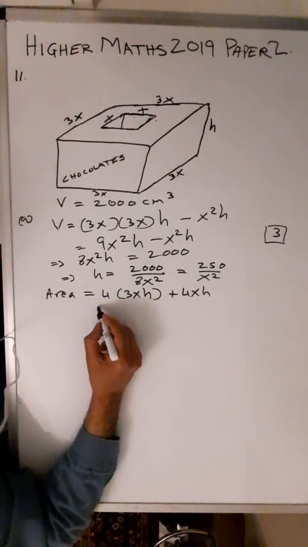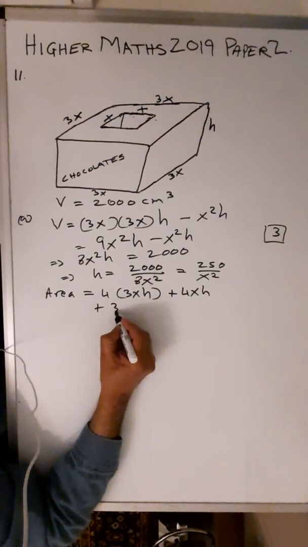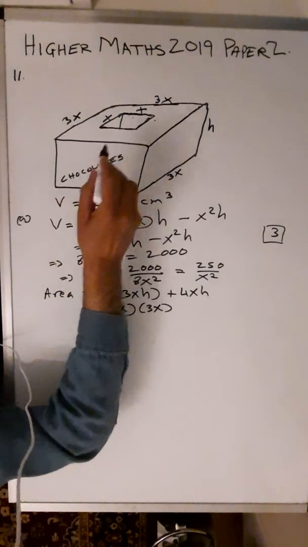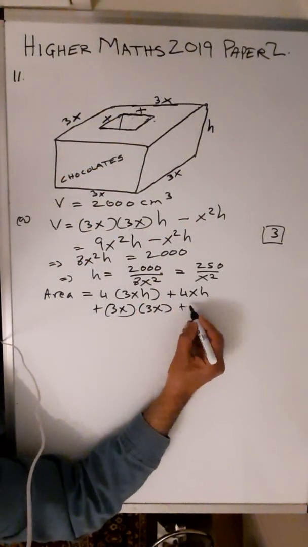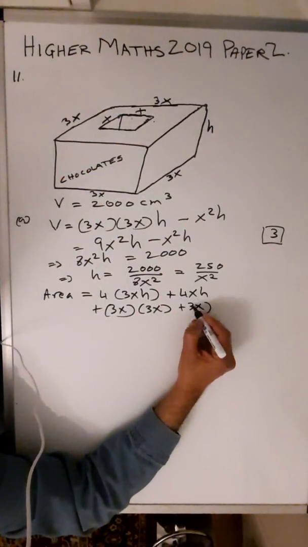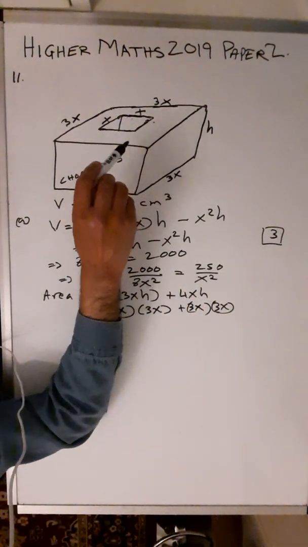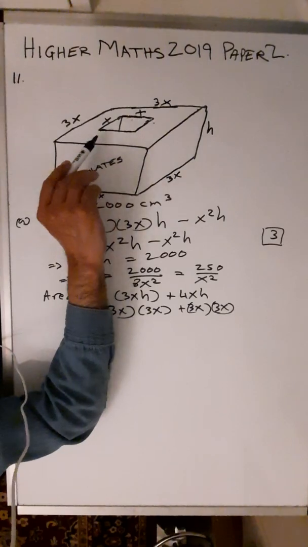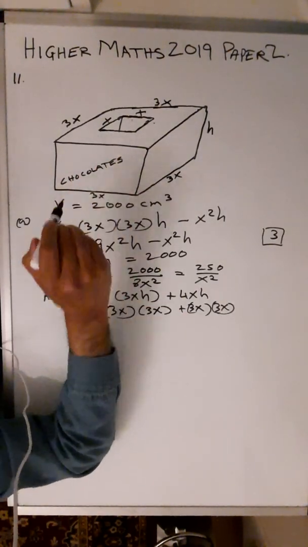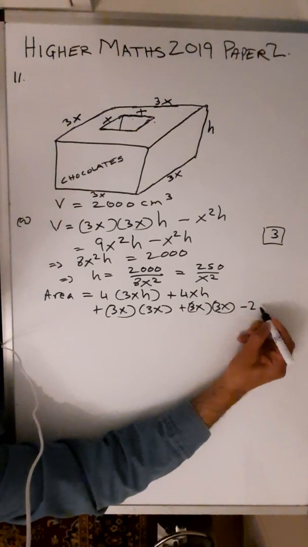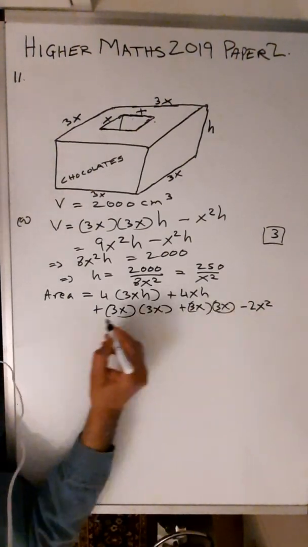So you also have the area at the top, 3x by 3x, and the area underneath again is plus 3x by 3x. This area you're losing at the top is x by x, which is x squared, and underneath you also have x squared. So that means you have minus 2x squared is taken out of that area.